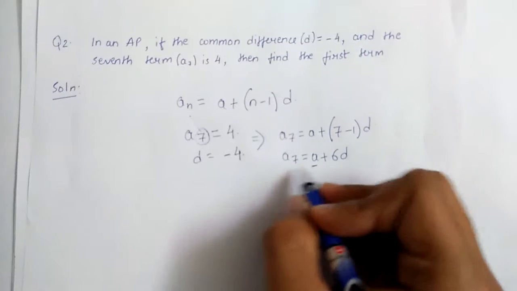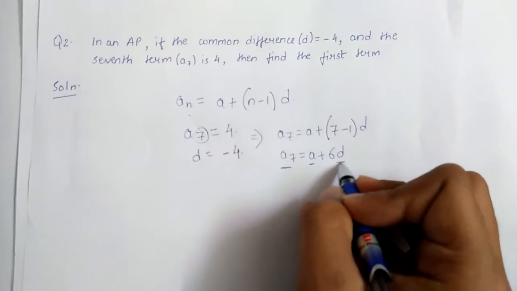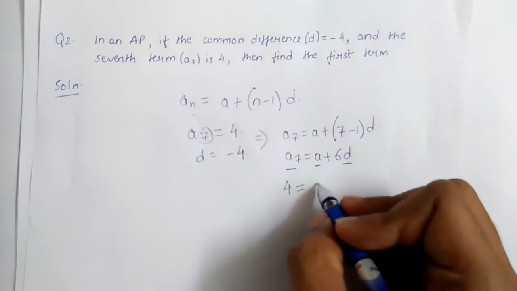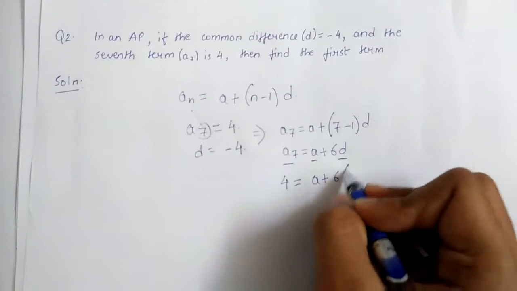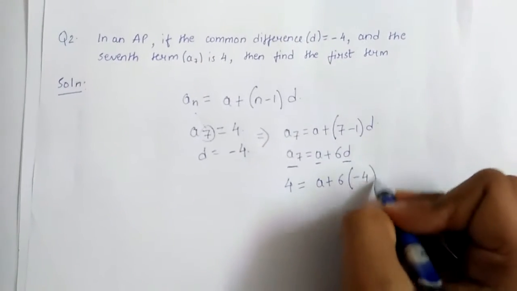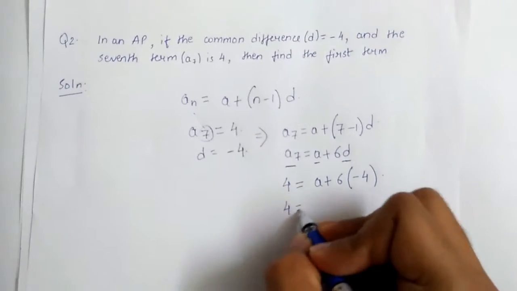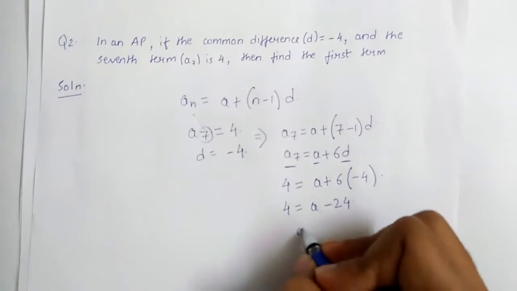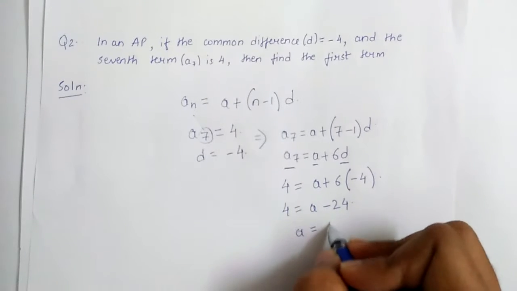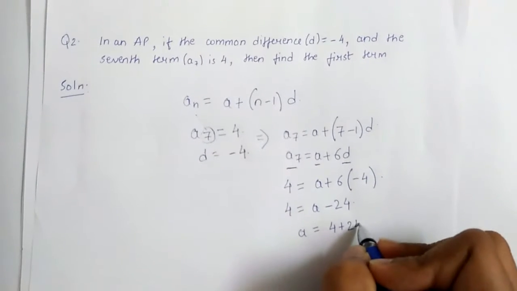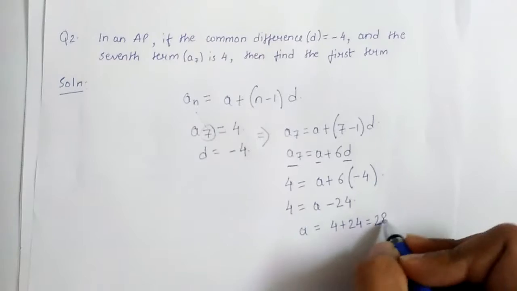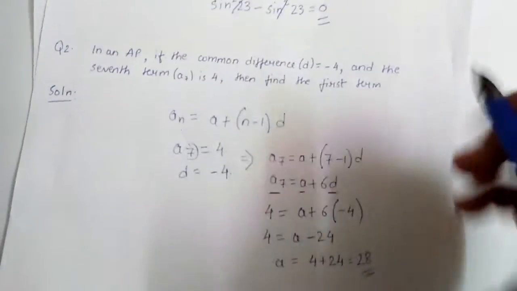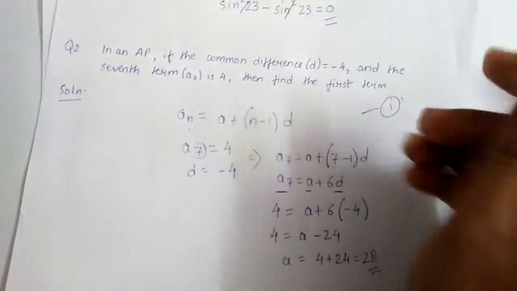We need to find the value of A. We are given A7 and we are given D. So A7 is 4, A we need to find, D is minus 4. Just calculating, you can get A is 4 plus 24, that is 28. The answer. So these are two questions, both are of 1 mark.